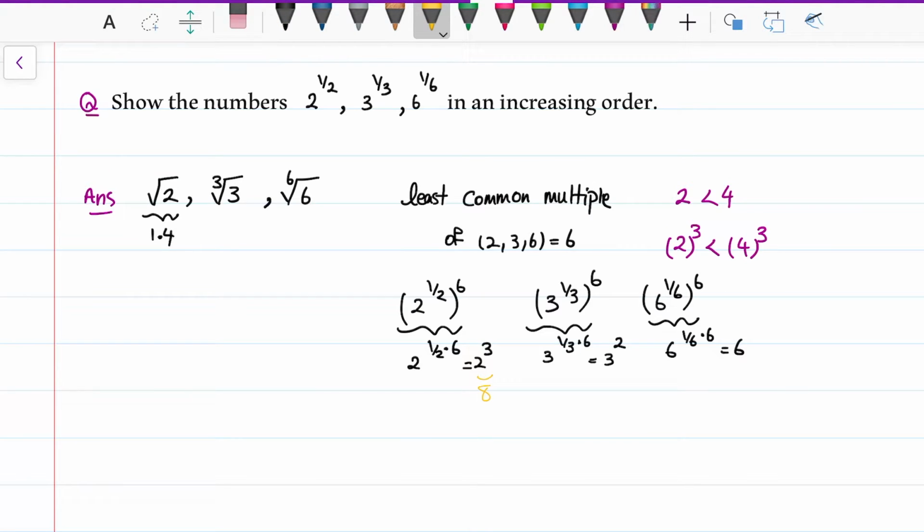I have 8, 9, and then 6. Perfect. So if I want to write them in order, the least one would be 6 to the power of 1/6, and then 2 to the power of 1/2, and then 3 to the power of 1/3.